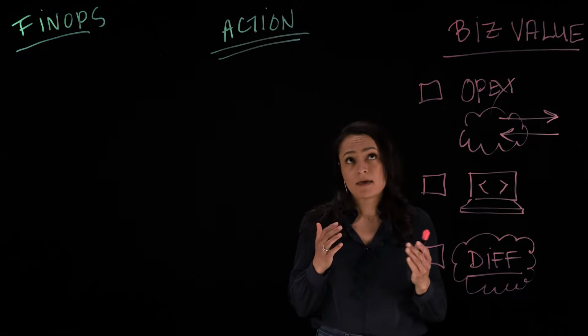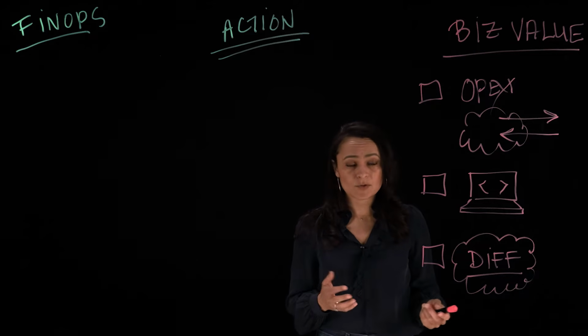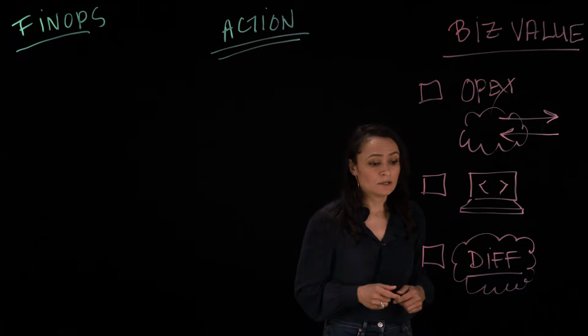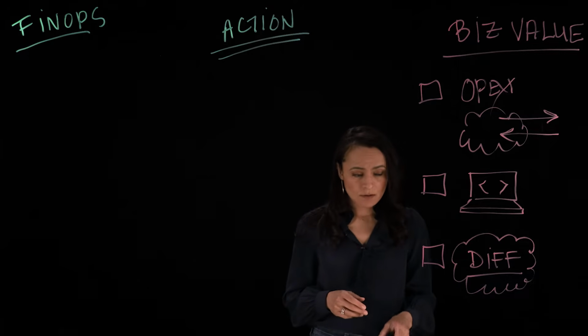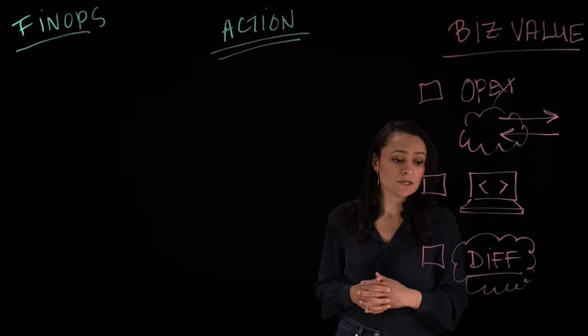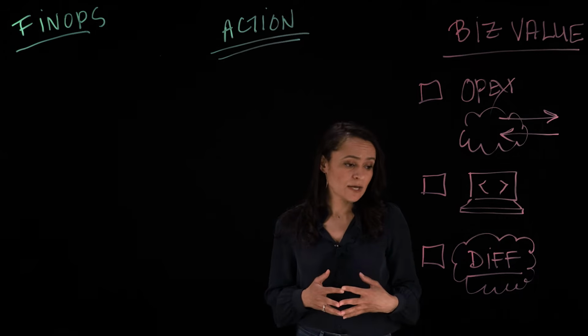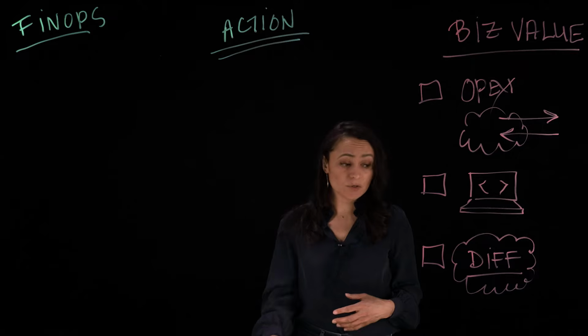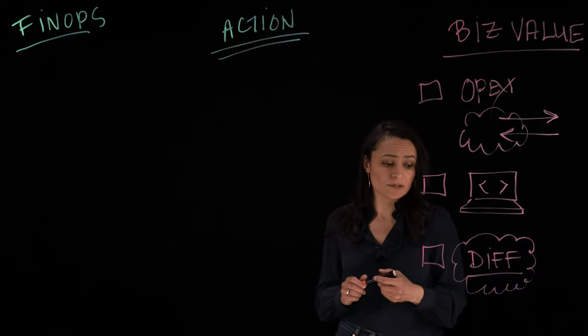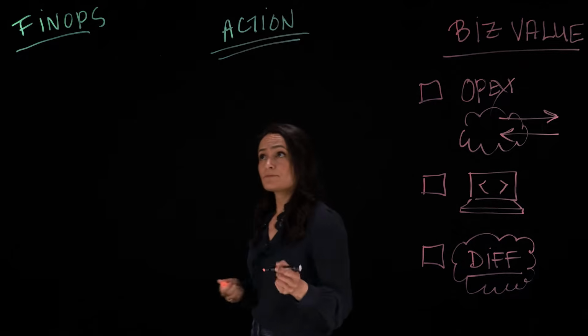I'm talking about AI and ML, developer tools, DevOps tools, quantum computing even. There are hundreds of these services that cloud providers have the resources to create and invest in. If you can leverage those services, you can focus on differentiating your business.